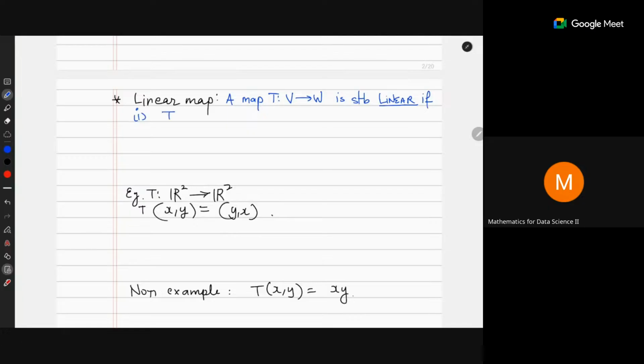The first condition is that T of V1 plus V2 is equal to T of V1 plus T of V2, for all V1, V2 in V. The second condition says that it is compatible with scalar multiplication, which means you can take C out, where C is any real number and V is a vector in the vector space V. Any map satisfying these two conditions is called a linear map.